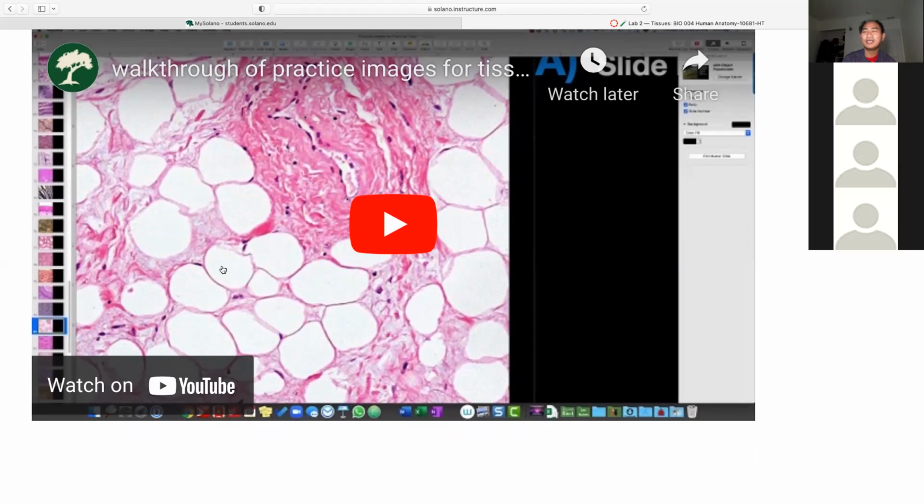Adipose tissue. Adipose tissue, fat tissue, yeah. As you said, I think this is a blood vessel, therefore you are saying epithelial tissue, because blood vessel lumens are lined by epithelial tissue. Yeah, that is correct. And it is a lumen which is flattened.